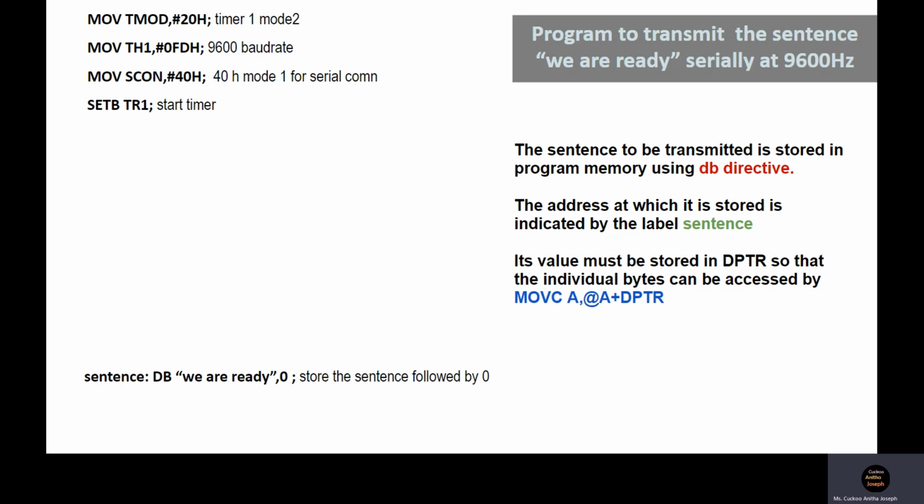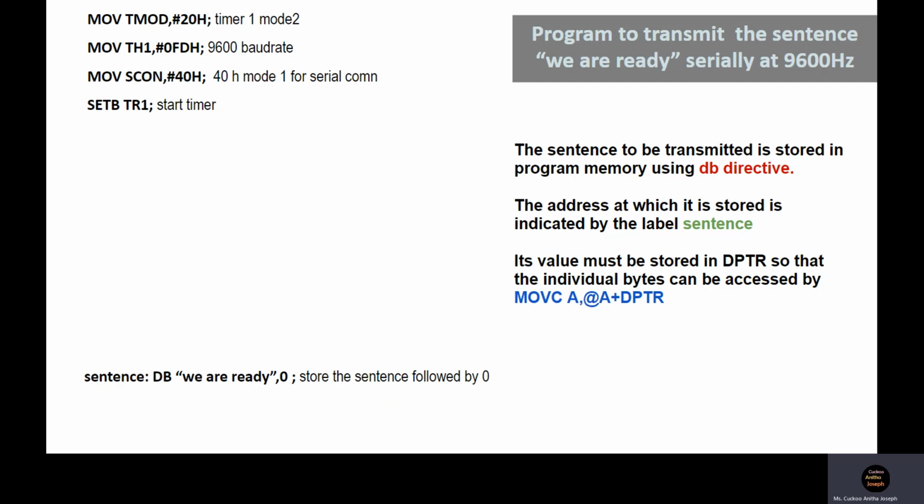So what we are going to do is store the sentence in program memory. The sentence to be transmitted will be stored in program memory along with the program. And we are going to make use of the assembler directive DB for this.